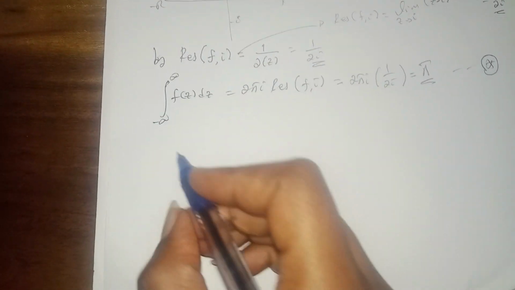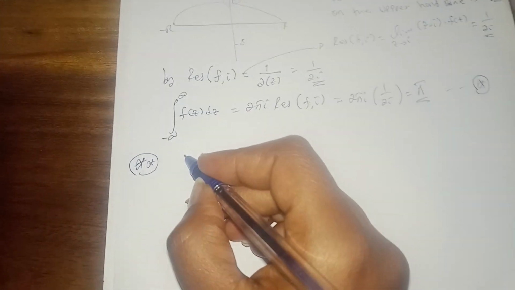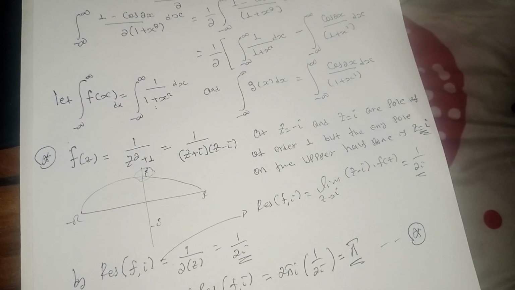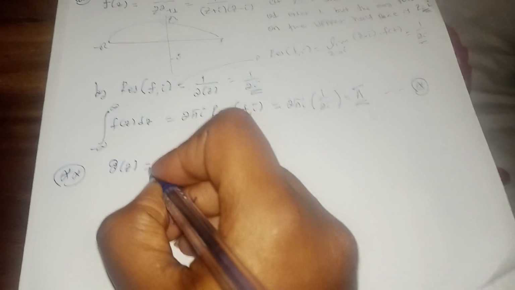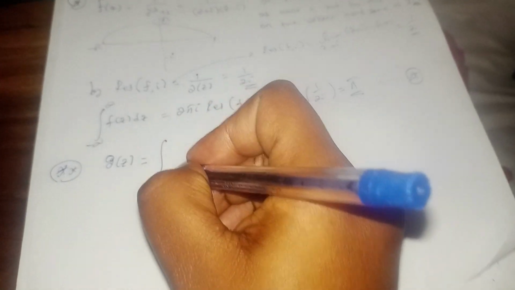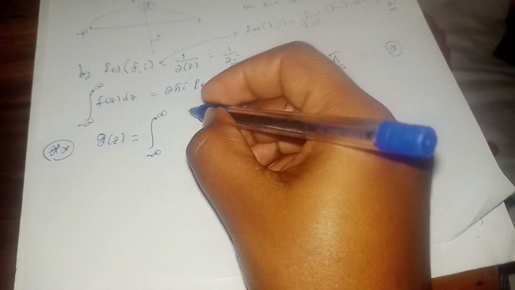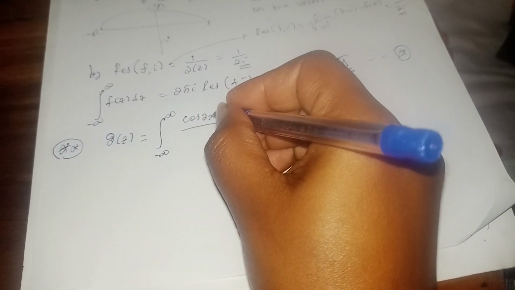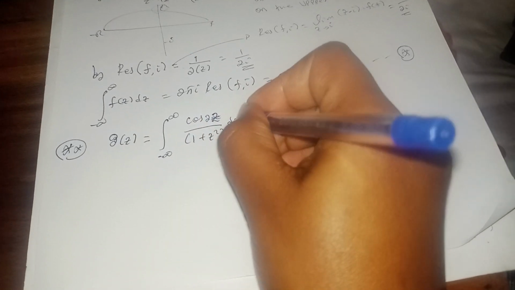For star 2, we know that g of z is given by the integral from negative infinity to infinity of cos 2z over 1 plus z squared dz.